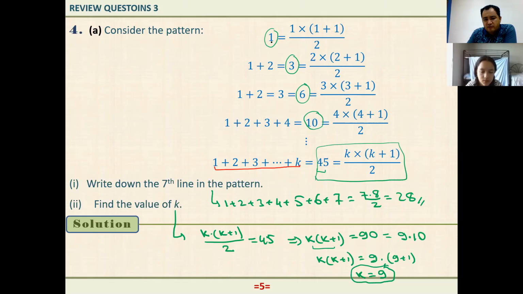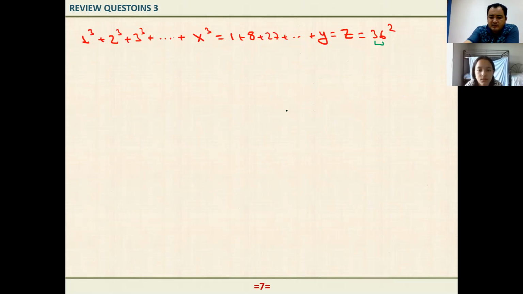Here we have the sum of the first 1 natural number, the sum of the first 2 natural numbers, the sum of the first 3 natural numbers, and 4 natural numbers. That means that if this thing is 36 squared, first I need to find, here we have 1 plus 2 plus 3 plus up to x, that is equal to 36.